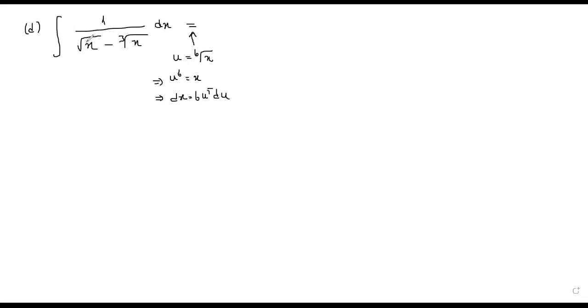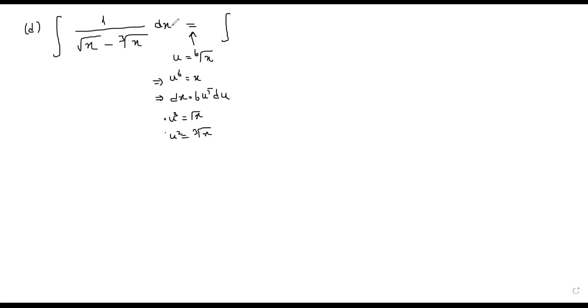And what about this square root of x and third root of x? Using this equality, u to the 6th equals x, taking the power 3 of both sides, you will get that u cubed is equal to square root of x, and taking squares, u squared is equal to the third root of x.